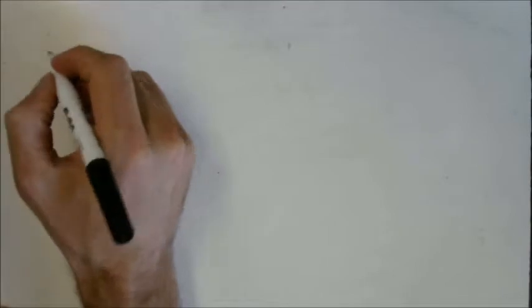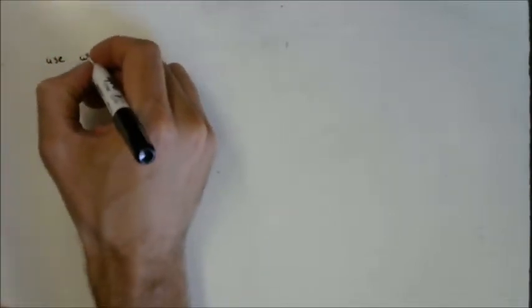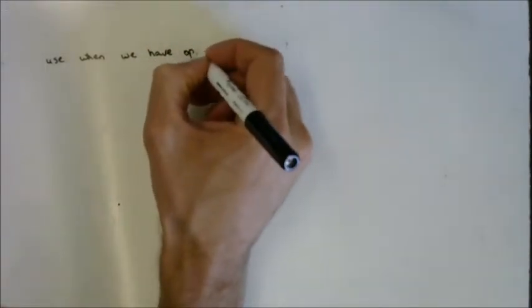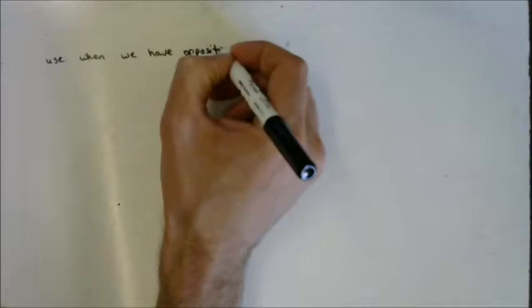Okay, another tool that you can use when you're working with triangles is the Sine Law. The Sine Law you can use in acute angle triangles. It doesn't have to be a right angle triangle. The key to knowing when to use it is when we have opposite information.